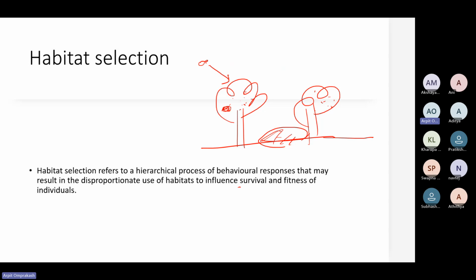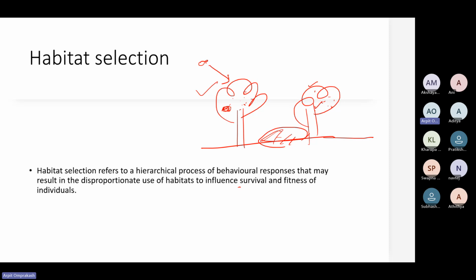The bird somehow has a preference for this tree over this tree. Even though the bird can naturally survive here, build a nest and reproduce, and could do the same here, it chooses to do it here because of some hierarchical behavioral response that the bird has.